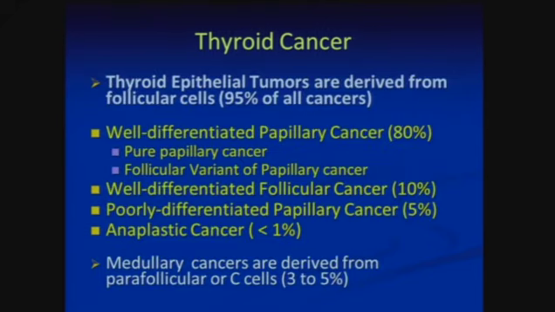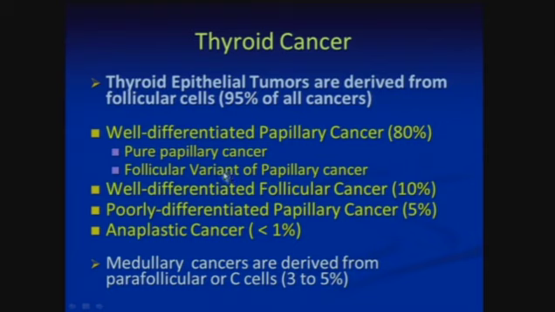When we talk about thyroid cancer, we're primarily talking about epithelial tumors, which are derived from the follicular cells. These account for about 95% of all tumors. The most common cell type is well-differentiated papillary thyroid cancer, which accounts for 80%. And the pathologist will subdivide these into pure papillary cancer and follicular variant of papillary cancer.